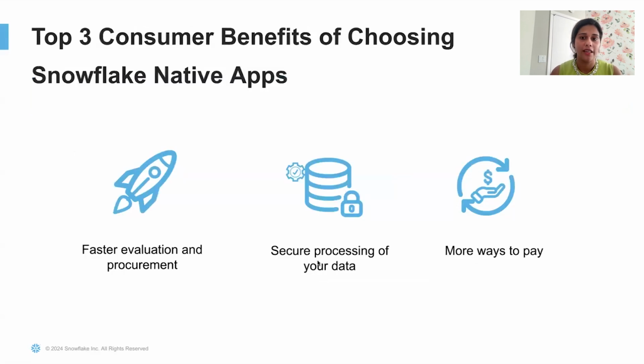So if I have to summarize the top 3 consumer benefits of choosing Snowflake native applications, it all comes down to faster evaluation and procurement with simplified legal processes and marketplace capacity drawdown in place, secure processing of your data, where consumers can remain tension free because the data is not leaving their environment, and there are just more ways to pay with the capacity drawdown.